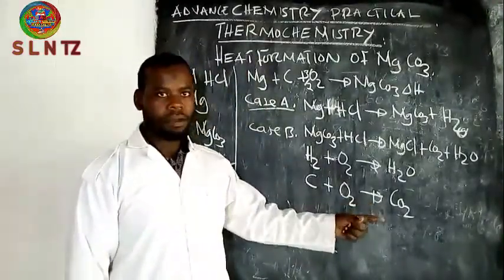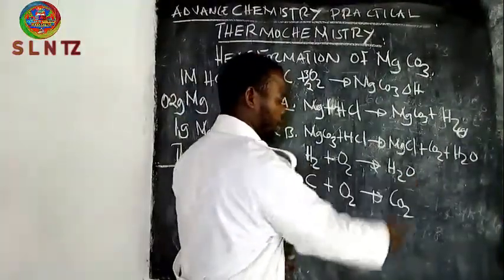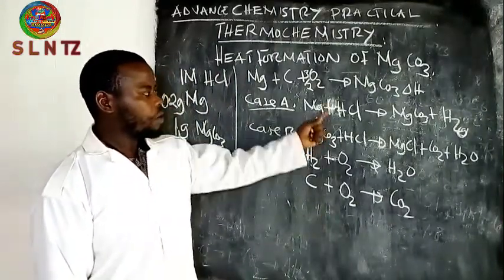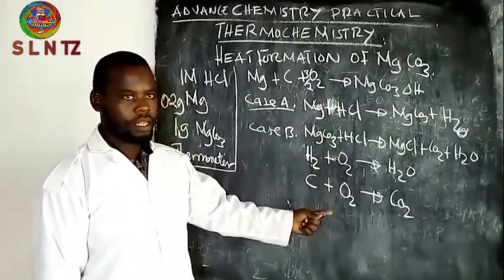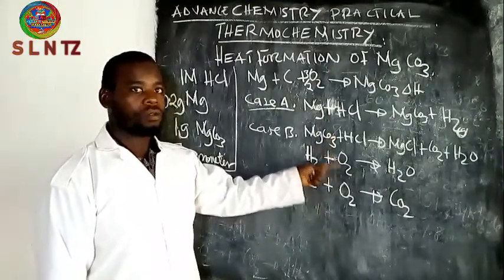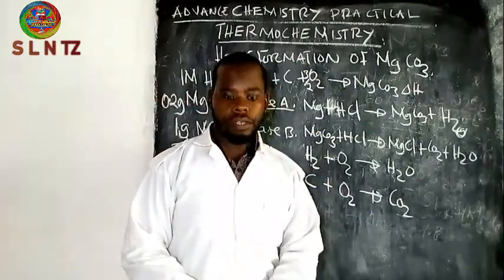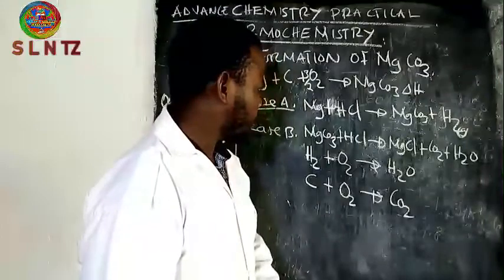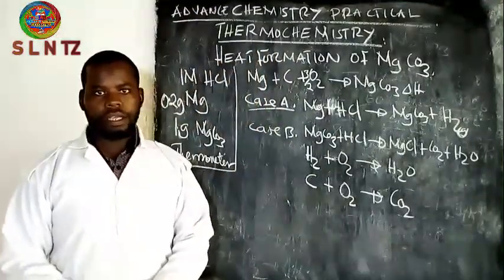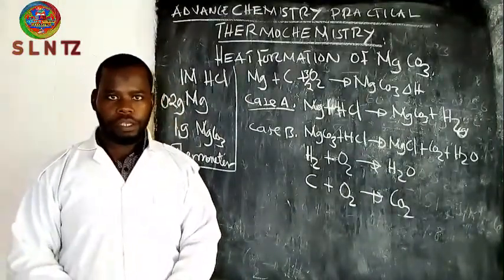Those are given. When you look at that paper, there are given values for this one and for this one. So we are going to use these reactions to solve, to see how the formation of magnesium carbonate occurs. So let's use a short time to note this, and then we are going to proceed.